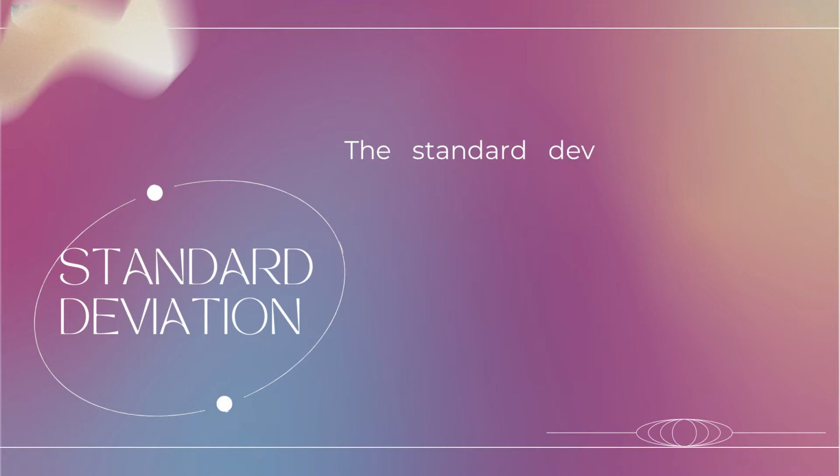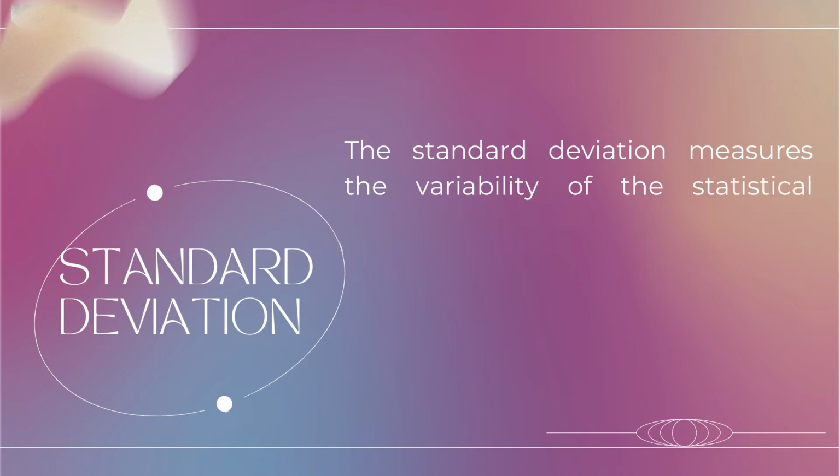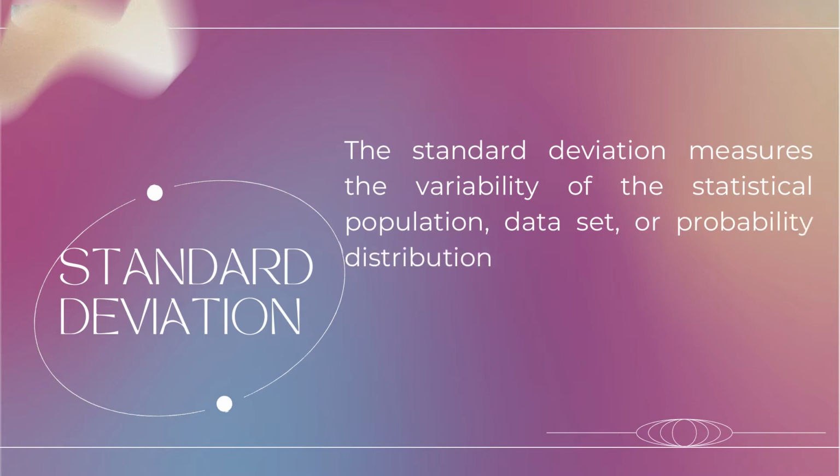The third measure of variability is standard deviation, which is very important in our theses, in creating our researches. The definition of standard deviation: it measures the variability of the statistical population, dataset, or probability distribution, and is the square root of variance.